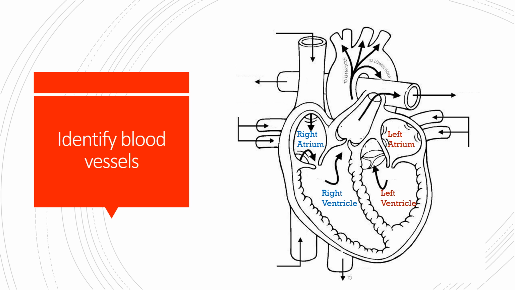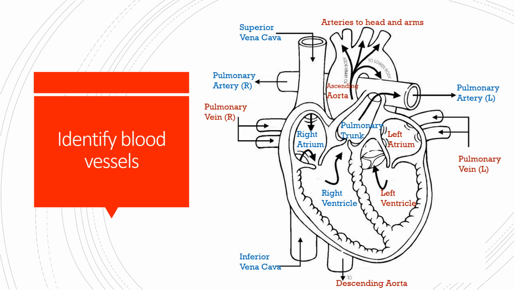So when we think lungs, what's the medical terminology term? What's the thing that you think of when you think of lungs? All right? So it should be pulmonary, right? So pulmonary tells me that it's dealing with the lungs.